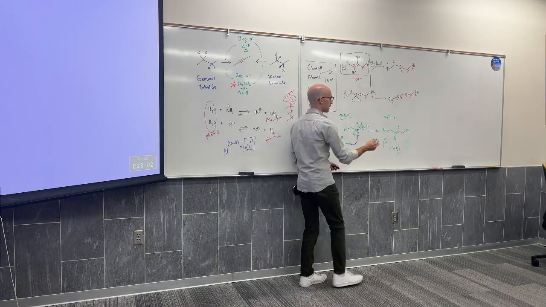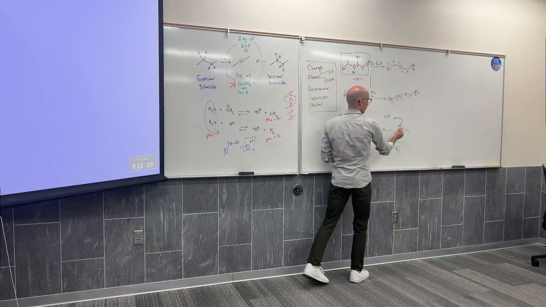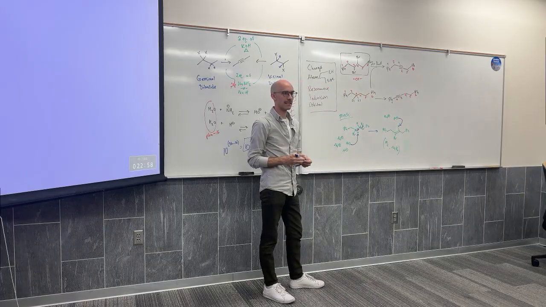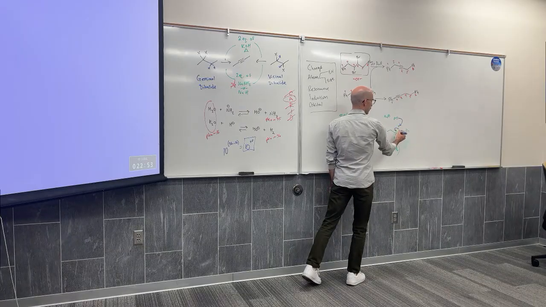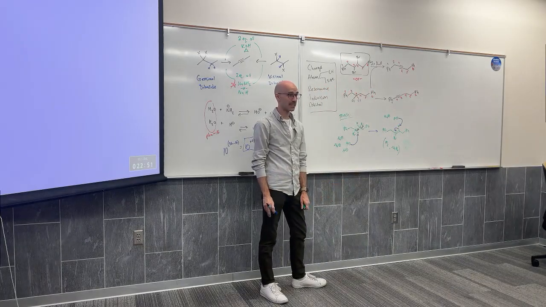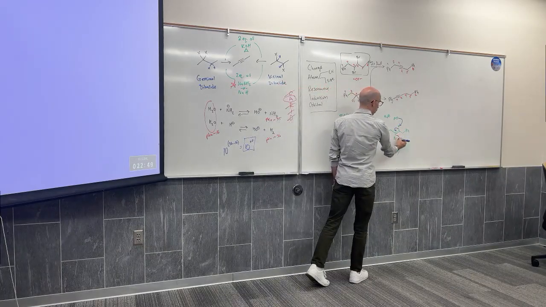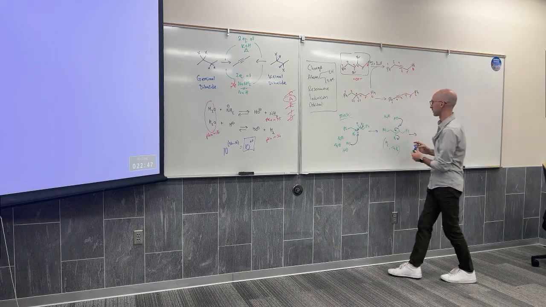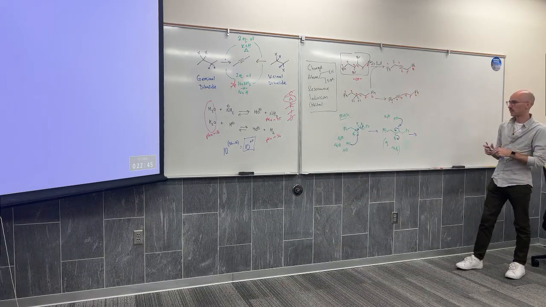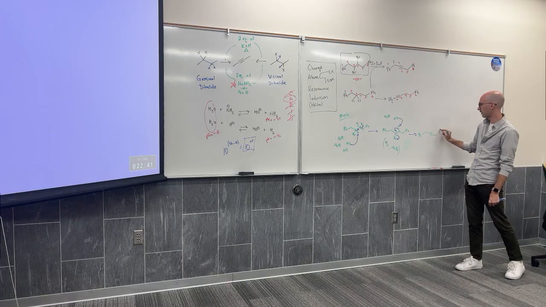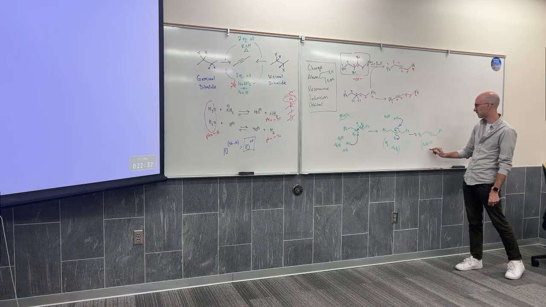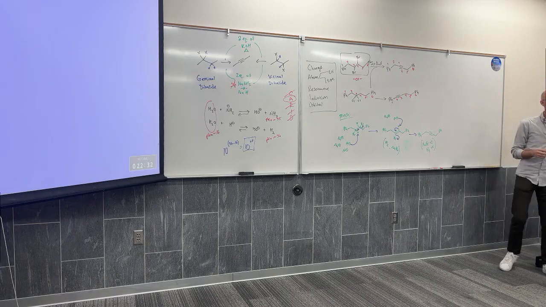The second equivalent takes the second hydrogen, the CH bond breaks, forms the second pi bond, kicks off the second halogen. Now I have a triple bond, and I have two equivalents of NaBr and H2.